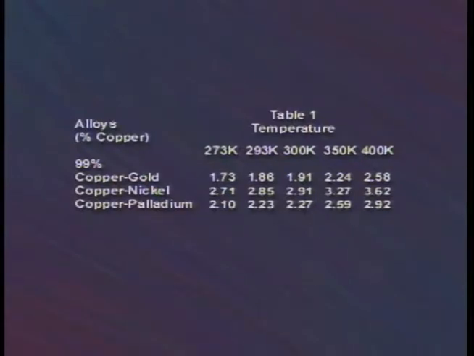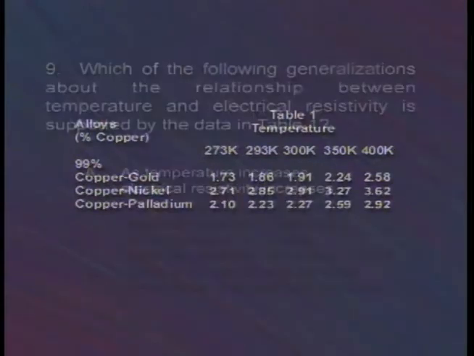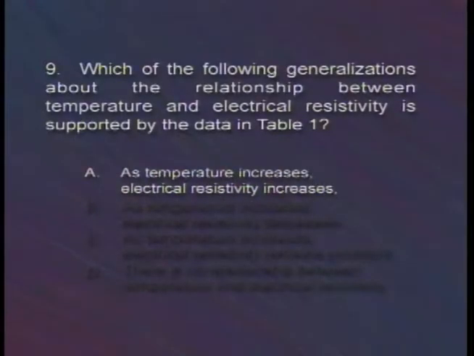Is this generalization supported by the rest of the data in the table? Yes, it is. A glance at the numbers in the other rows indicates that the values are increasing as temperature increases. Thus, answer A is the best choice. As temperature increases, electrical resistivity increases.